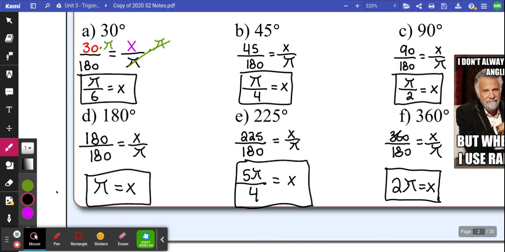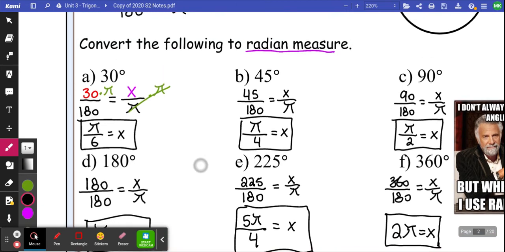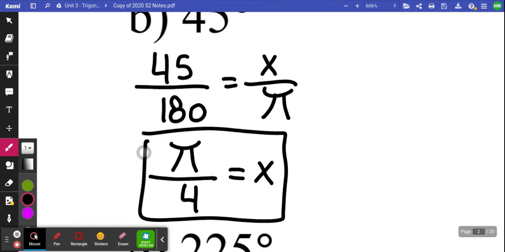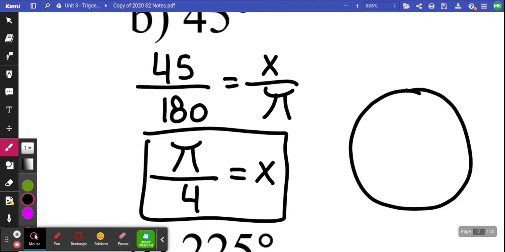Visually, you could find these things. What this means is that you took your top circle and you cut it into fourths. So 1/4, 2/4, 3/4, 4/4. This is 1/4, which in degrees would be 45 degrees, because it's 45, 90, and then 180 would be all the way around.